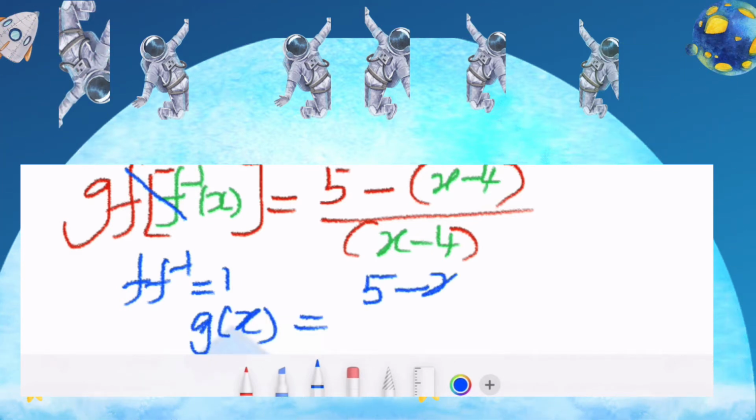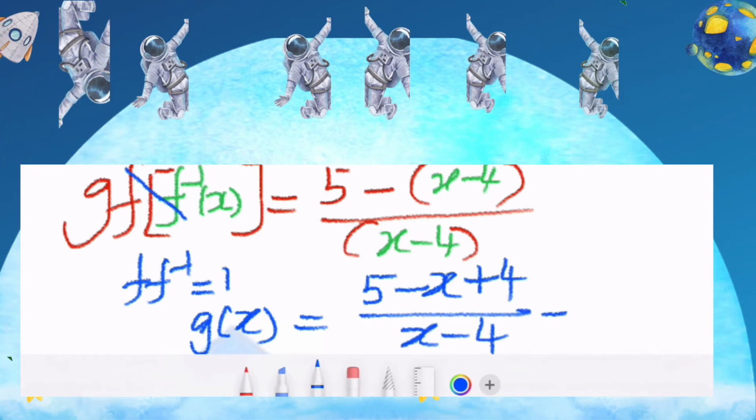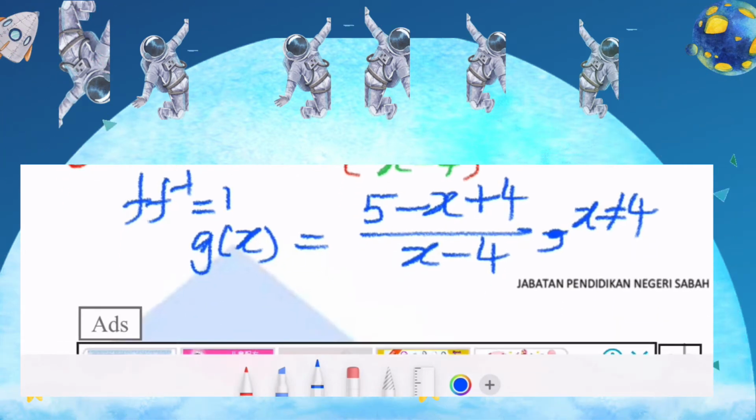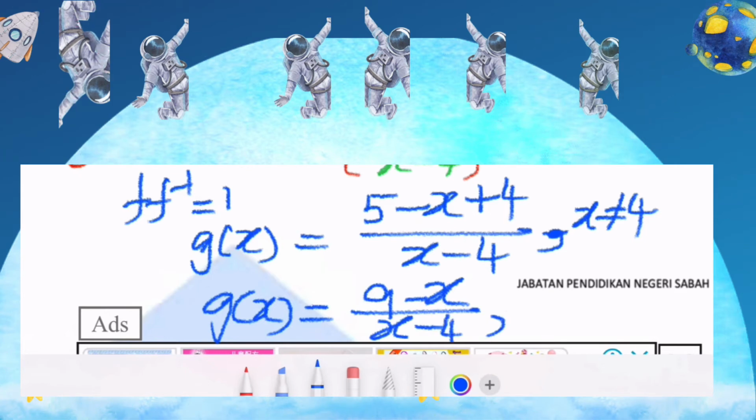So it seems like we are having g(x) is equal to 5 minus (x plus 4) over x minus 4, and then x cannot be equal to 4. So finally, g(x) is equal to 9 minus x over x minus 4.